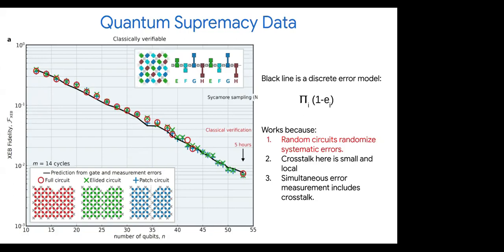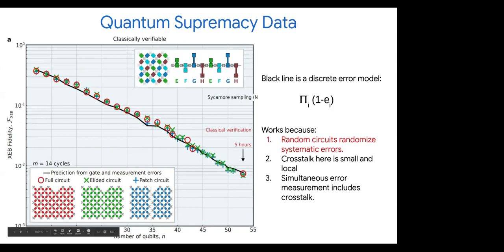So this is the discrete error model, which is the main assumption, let's say, of building a fault-tolerant quantum computer, that your errors are discrete and kind of local, so you can sort of correct them. Basically, that as you increase the size of the circuit, you are not introducing more errors because there are crosstalks between qubits that are far away. So that's the black line.